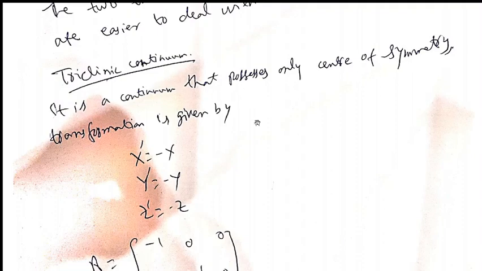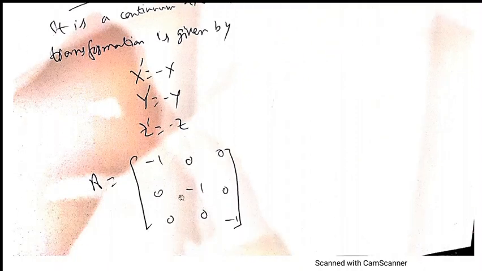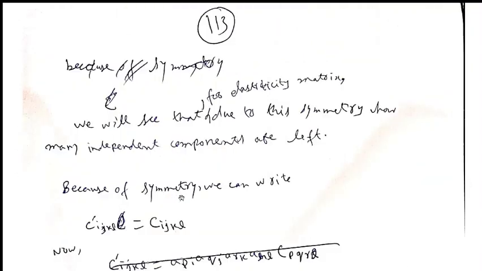The transformation for this center of symmetry is this: x dash is equal to minus x, y dash is equal to minus y, z dash is equal to minus z. That is reflection through the origin. So the transformation matrix is this. Now we will see how many independent components can be reduced with the help of this symmetry for the C matrix.